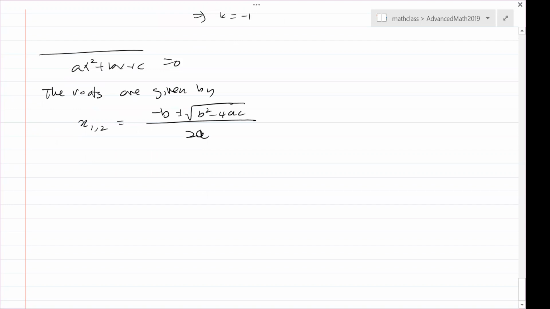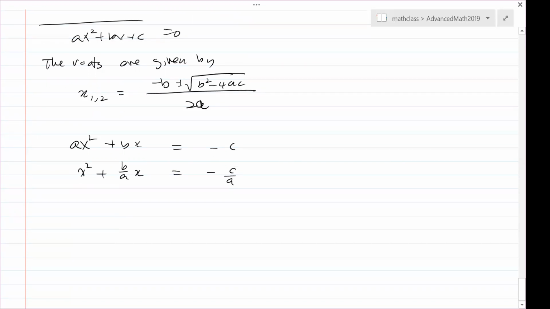Okay, we got this using the following idea. First of all, you have x squared plus bx. I put -c to the other side, right? Then I divide both sides by a. Then I'm trying to complete the square on this side.